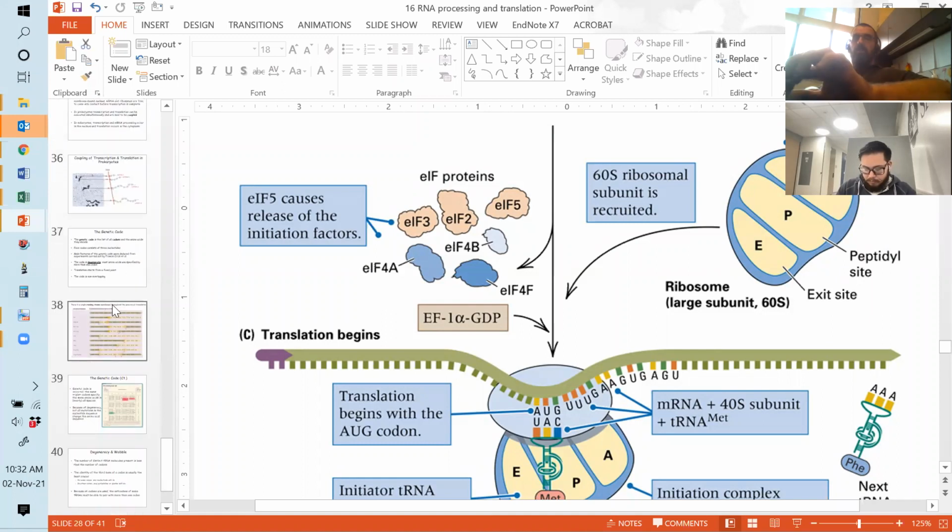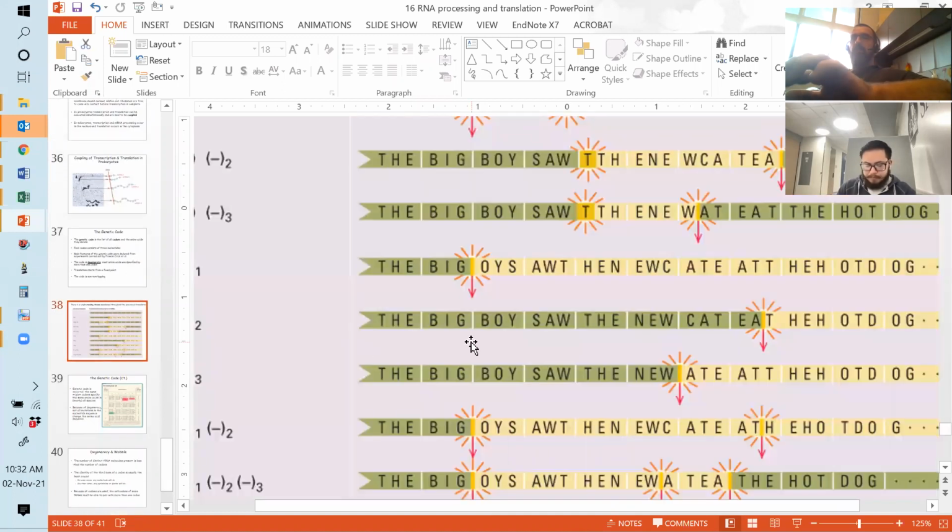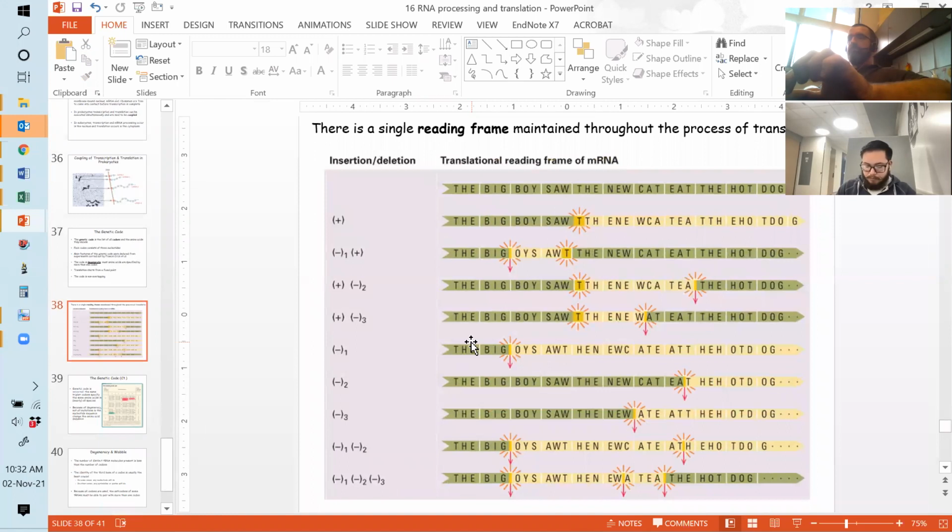There's kind of a cute little way of looking at it here. Right, so whoever did this had a very good grasp of 3-letter words. But if you have a sequence of words that make some kind of sense, and you add a letter to that sequence, you shift the reading frame 1 base.